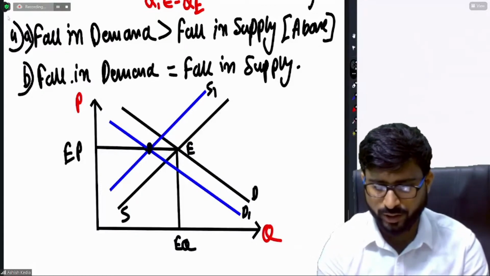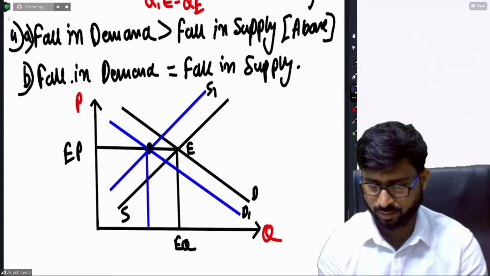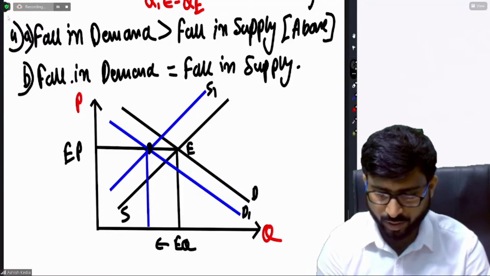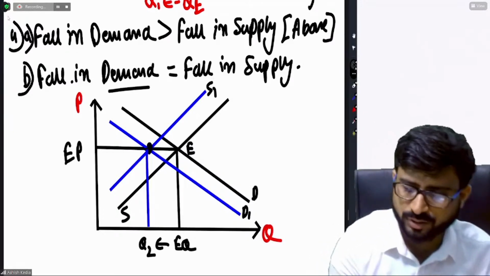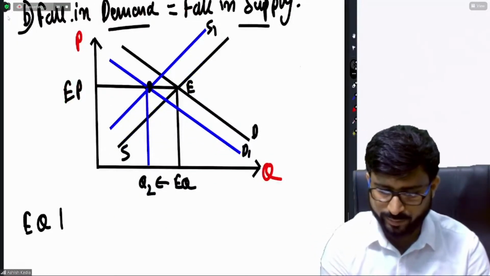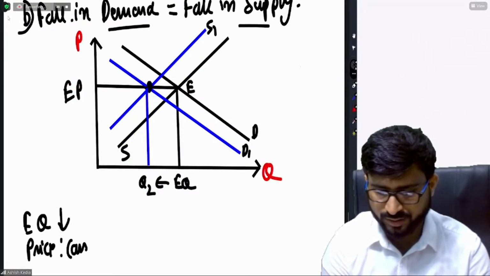So again the same point. Quantity falls. So you will see when there is equal fall in demand and supply, equilibrium quantity falls, but price remains the same.